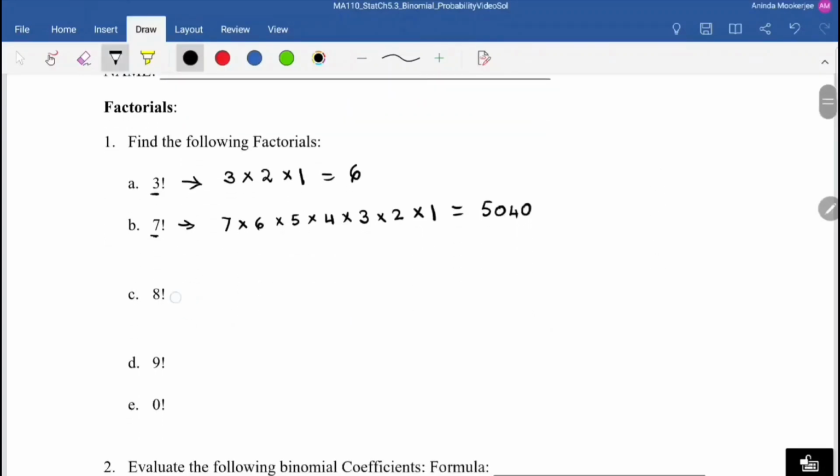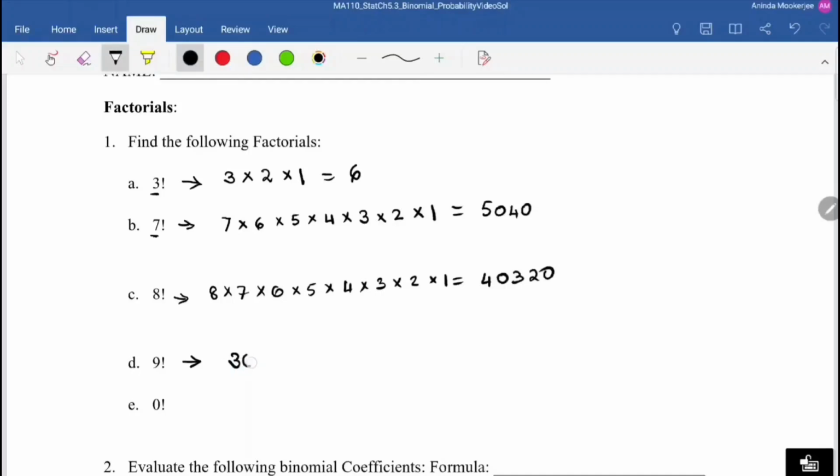8 factorial, again, same thing. It's 8 times 7 times 6 times 5 times 4 times 3 times 2 times 1, which should give you a value of 40320. For 9 factorial, I'm going to just give you the final answer.